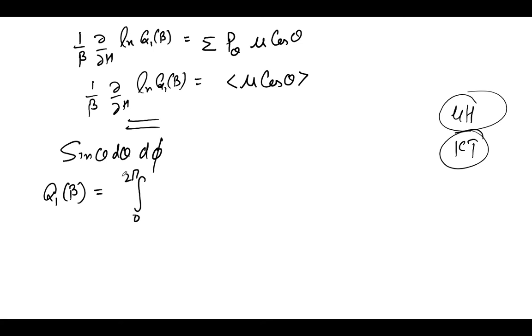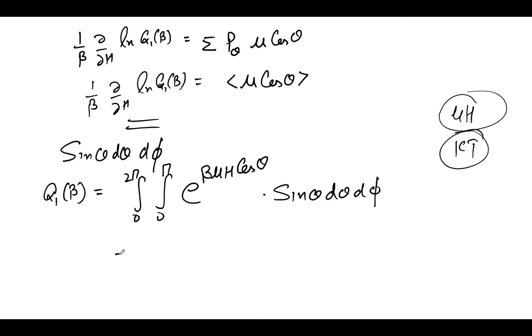Because this solid angle goes from 0 to 360 degrees, we take the integration along 0 to 2 pi, and for d theta it can be from 0 to pi, and the total exponential function we can write as exponential of beta mu H cos theta into sine theta d theta d phi. So by carrying out the phi integration, we write it as 2 pi, integral from 0 to pi of exponential of beta mu H cos theta, sine theta d theta.